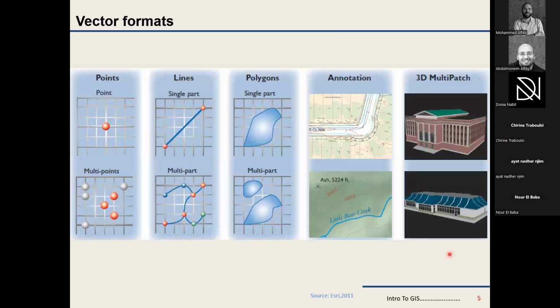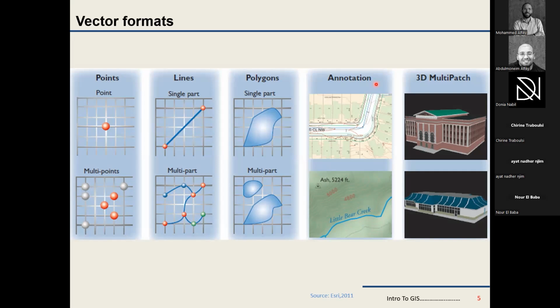First, when we talk about vector data, we have basically 5 types. We have the points, the lines, the polygons. There are some subtypes of that as well, but it's point, line, and polygon. Those are the basic vector formats. We can also store annotation, which is a form of labeling, but stored in its own feature class.